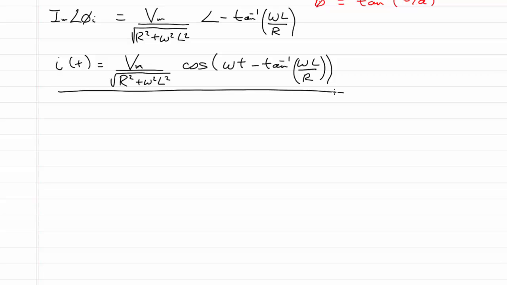It looks like a lot less work, and it is. This is a very general technique, and it can be applied to much more complicated circuits, which we will do in a later example or two.